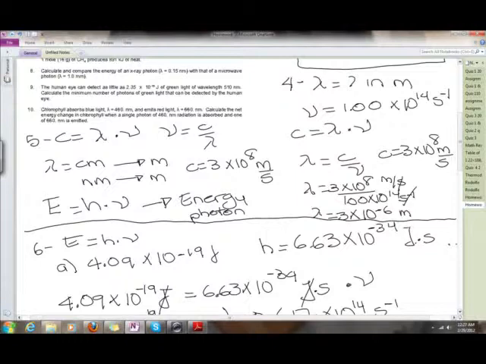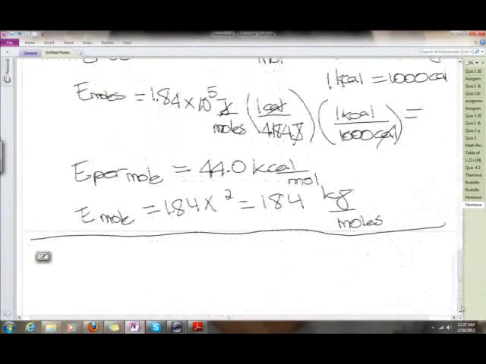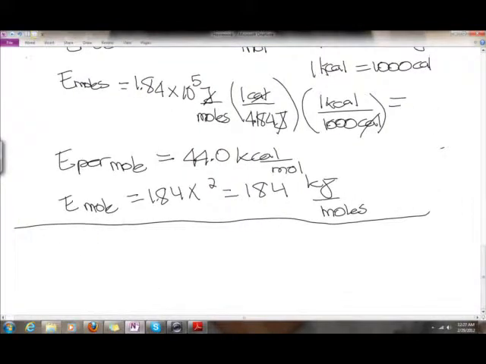Calculate the minimum number of photons of green light that can be detected by the human eye. Well, the energy given here is the total energy, and this is the wavelength. So why don't we calculate the energy of that wavelength, and that would be the energy per photon.